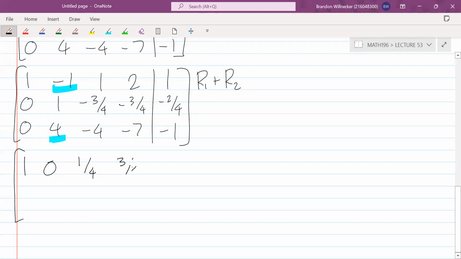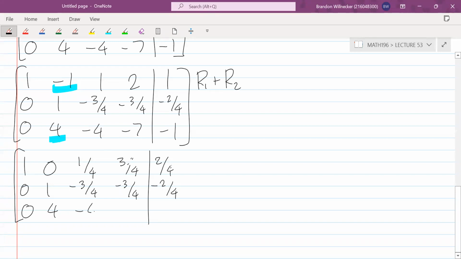That's 3/4. And that's, or let's write it as 2/4. Okay, then we get 0, 1, minus 3 over 4, minus 3 over 4, minus 2 over 4. And then for the last one, we get 0, 4, minus 4, minus 7, minus 1.